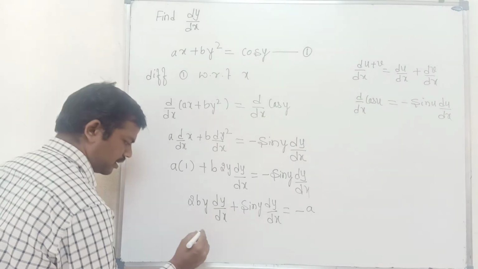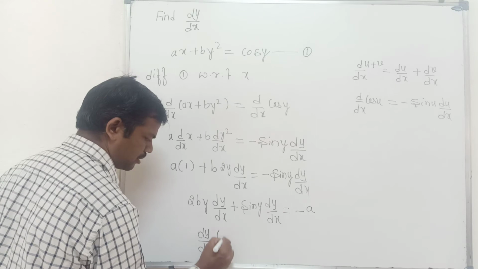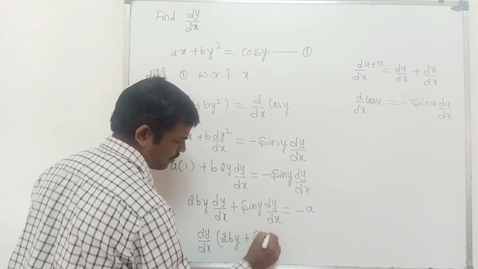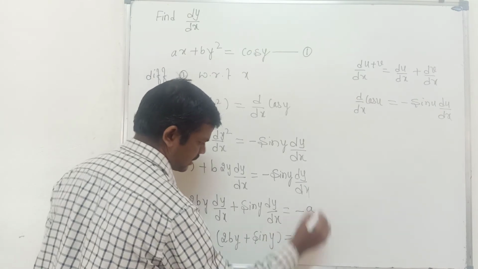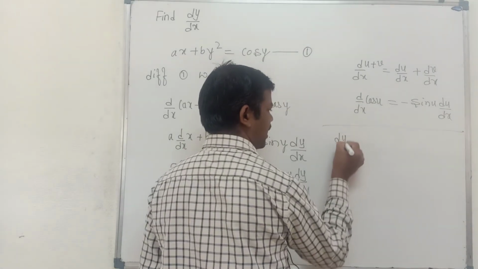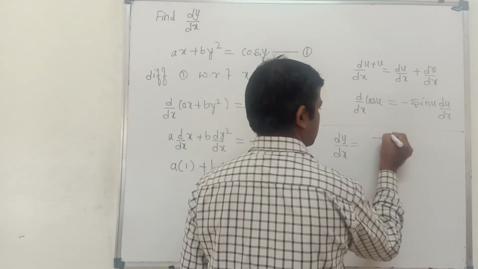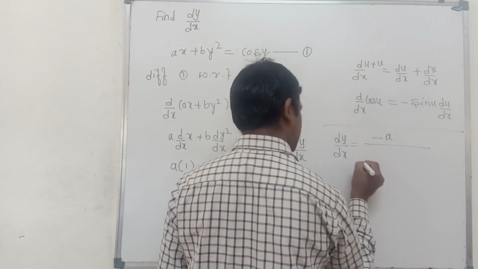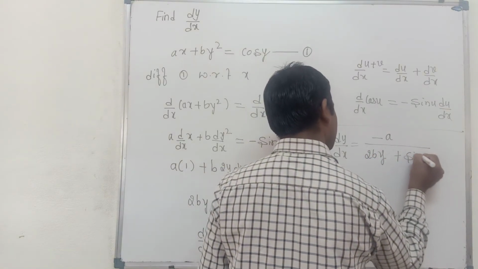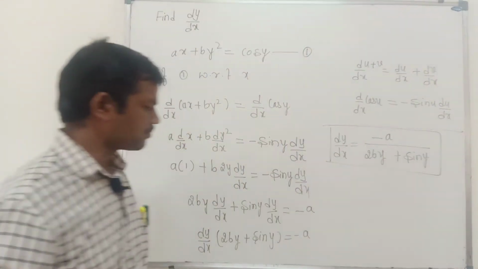So dy by dx becomes common, and what remains is 2by plus sin y is equal to minus a. So dy by dx is equal to minus a divided by 2by plus sin y. So this is the derivative of the given function.